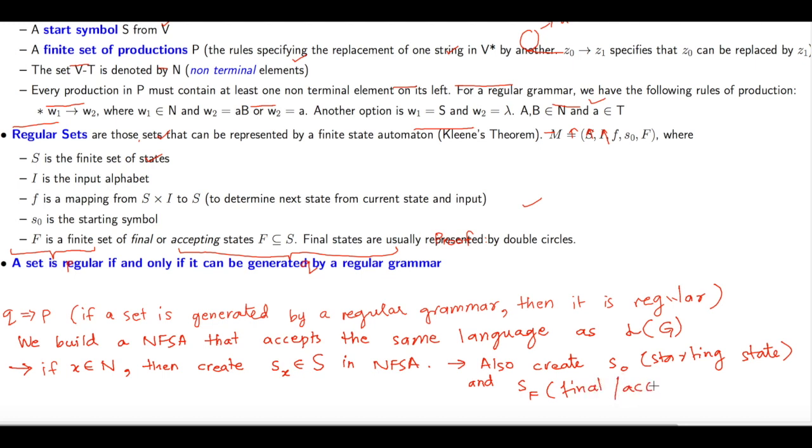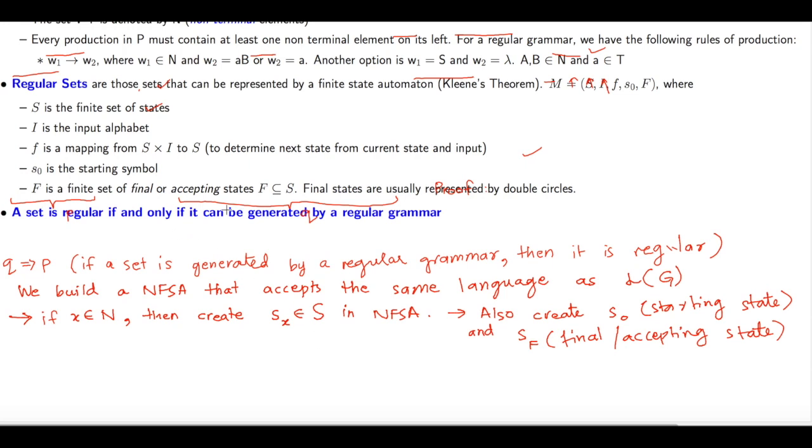Then the rest of the productions. So now if we have a production like this, A is replaced by a. This is my grammar here.